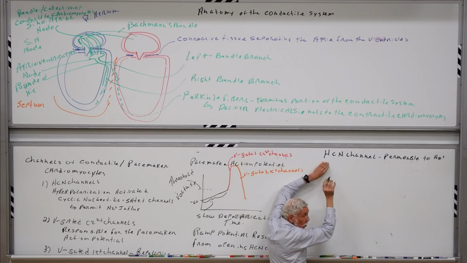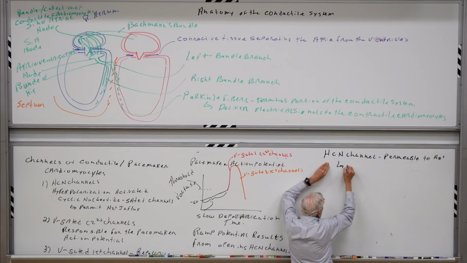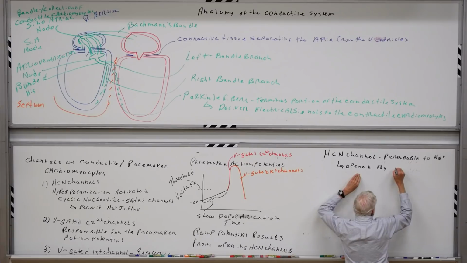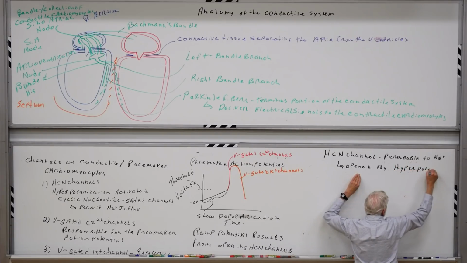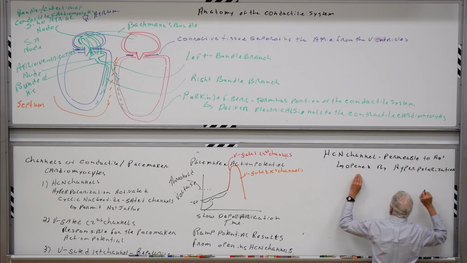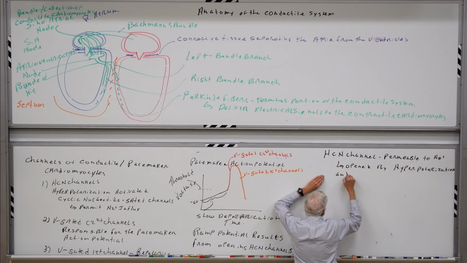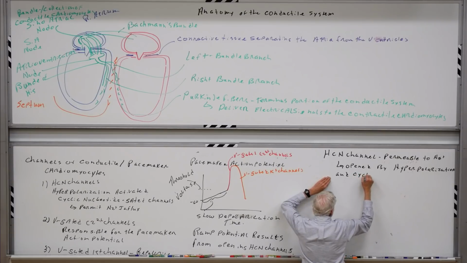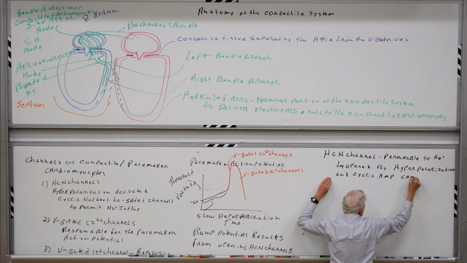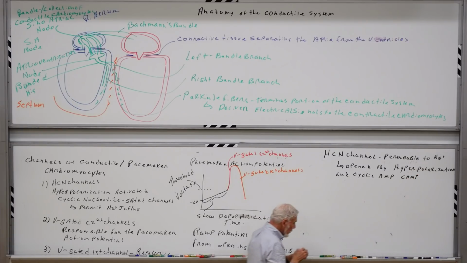But even though it's permeable to sodium, what opens it? It's opened by hyperpolarization and cyclic AMP, cAMP. That's the cyclic nucleotide.